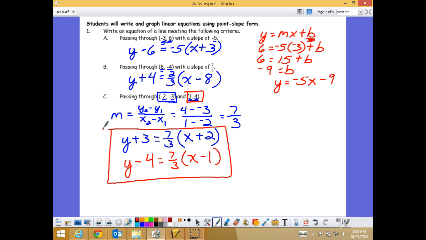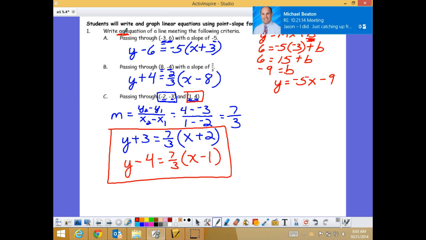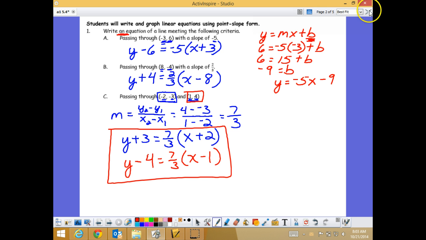That's why if you look closely at the directions, I say write an equation of a line through those 2 points. Writing that equation, you could have a couple of possibilities, and that's why in the directions I say write an equation instead of write the equation.